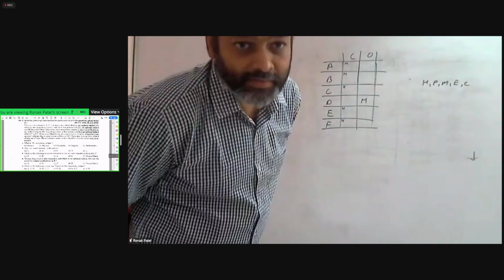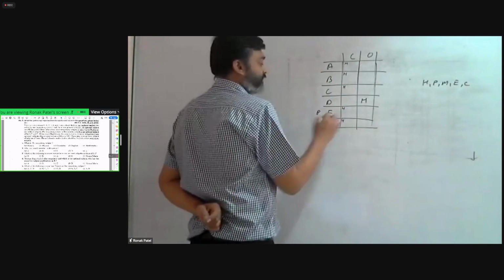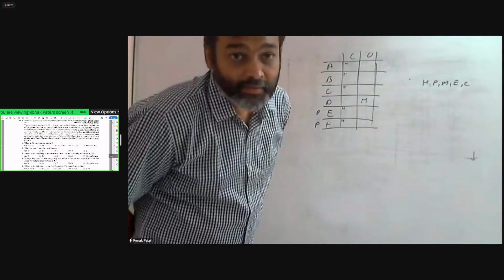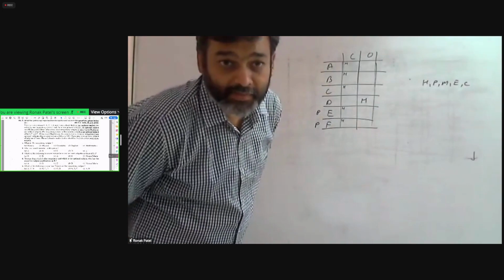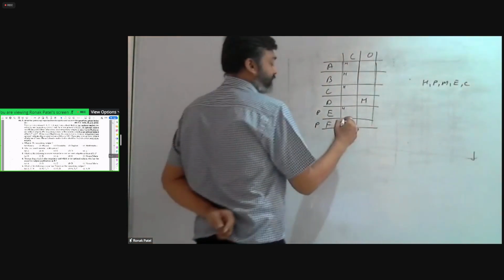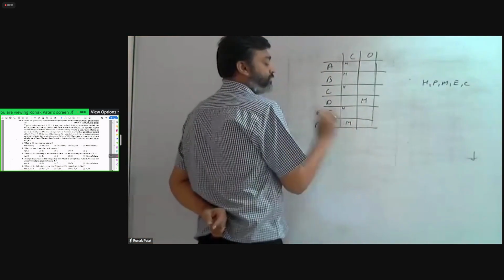E and F have physics as one of the subjects. We don't know whether it is compulsory or optional, right? F's compulsory subject is mathematics, or remove history from it.